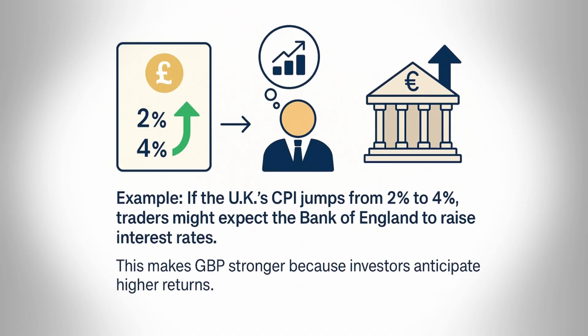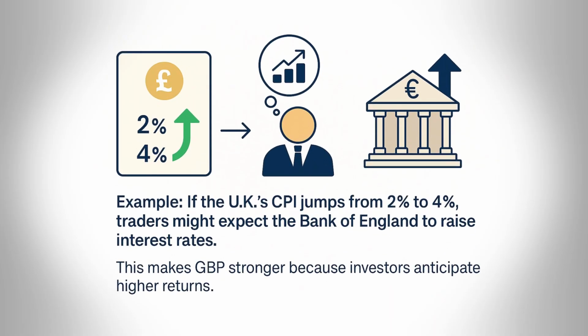Let's see an example to help you understand better. If the UK CPI jumps from 2% to 4%, traders might expect the Bank of England to raise interest rates. This makes the Great Britain pound stronger because investors anticipate higher returns. Now, just saying that the consumer price index jumps from 2% to 4% may not make holistic sense.